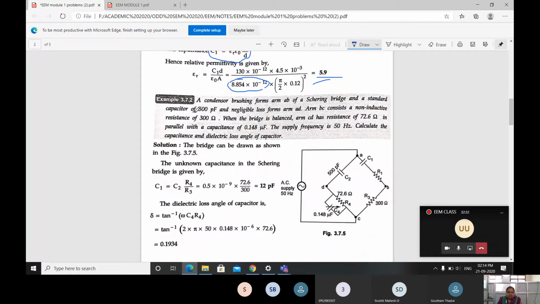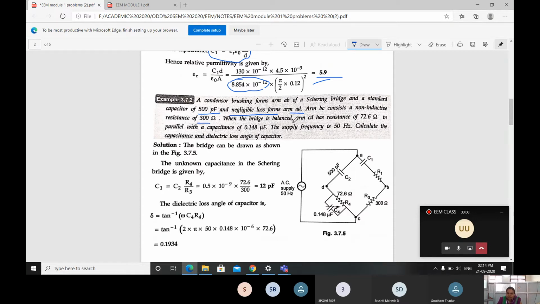Next problem: a condenser bushing forms arm AB of a Schering bridge, and a standard capacitor of 500 picofarad and negligible loss forms arm AD. Arm BC consists of a non-inductive resistance of 300 ohm.